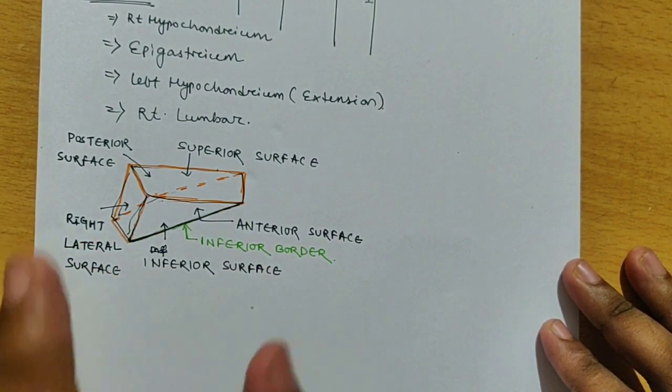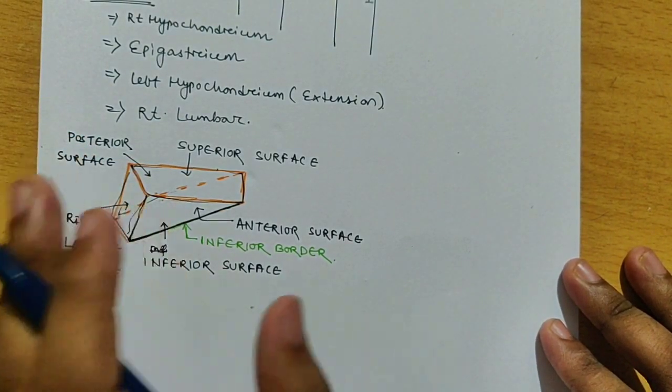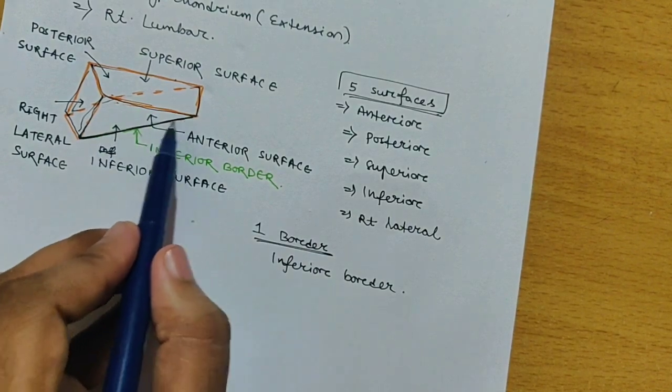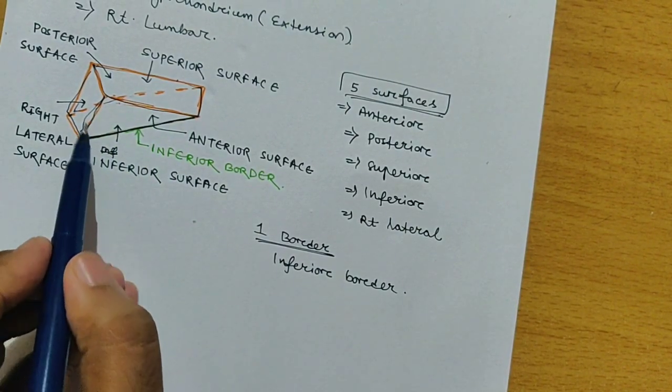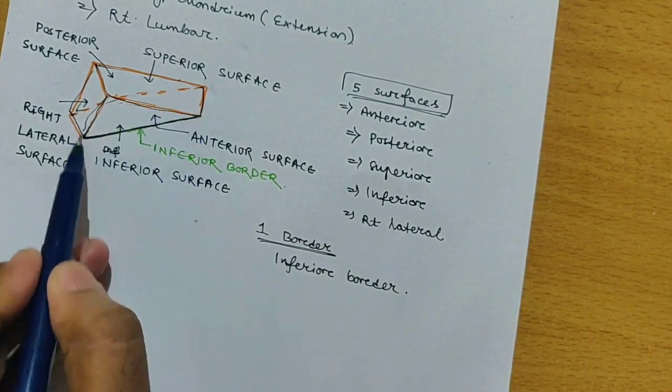Basically, the liver has 5 surfaces and one prominent border, that is inferiorly present. This inferior border is present between the anterior surface and the inferior surface.